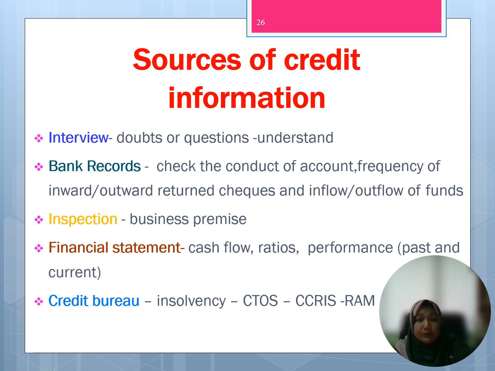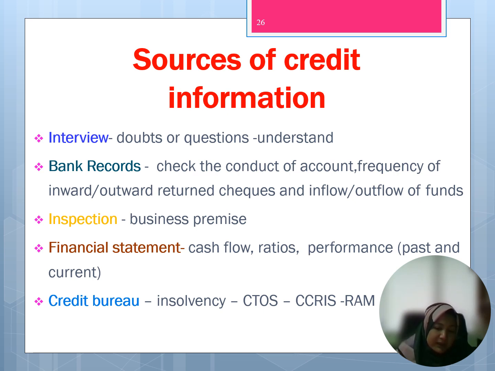Okay, when they do credit analysis, they need to refer to several sources of information, not only the documents that the borrower supplies, but they also go beyond that. Sometimes the bank calls for an interview.